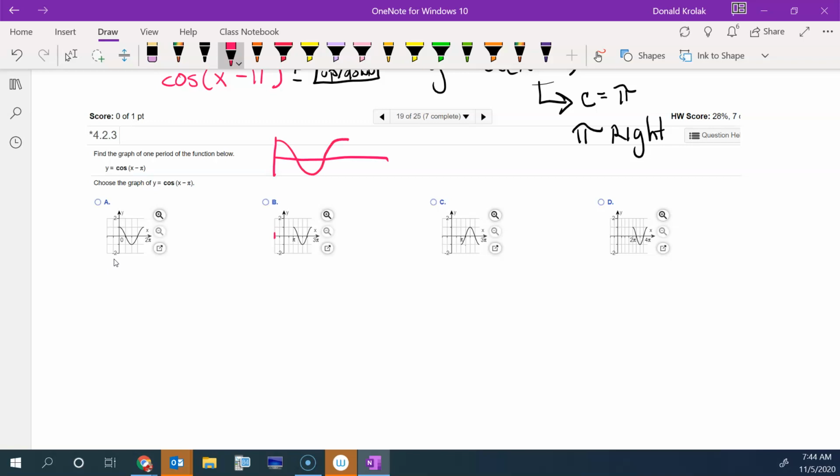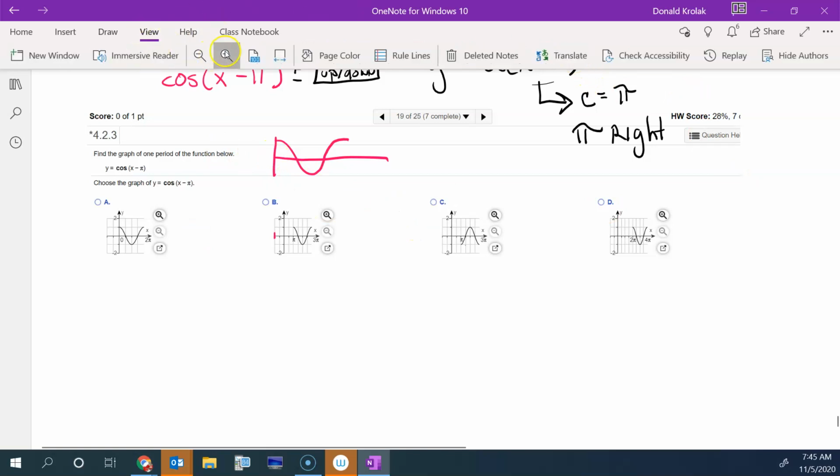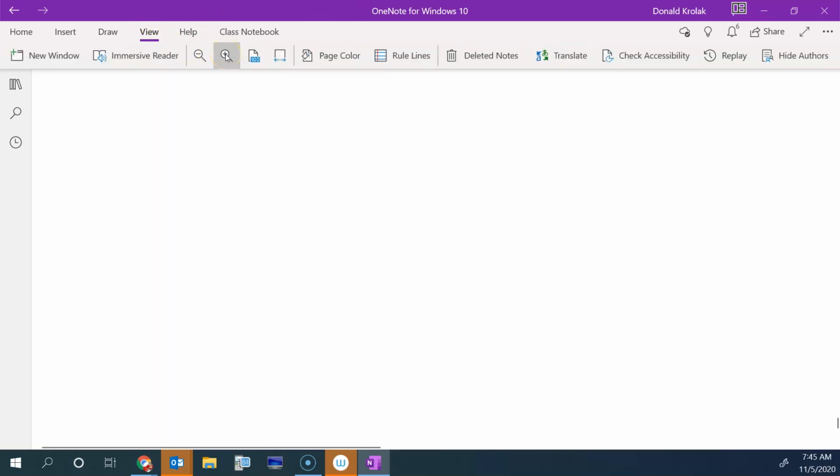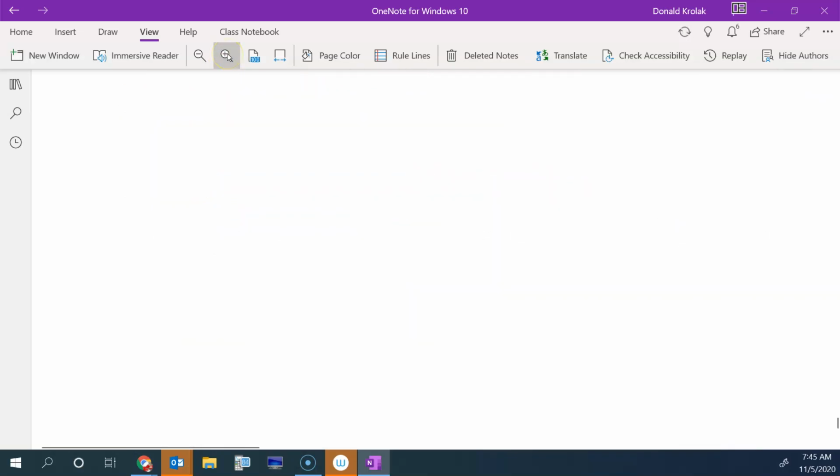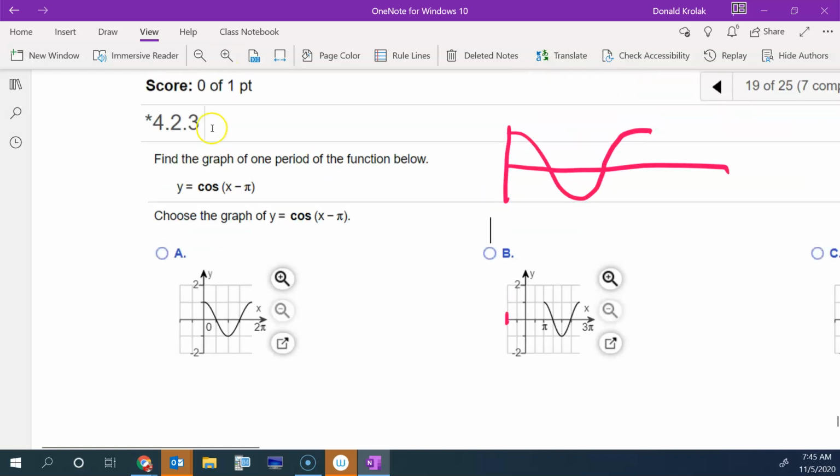So that's a regular cosine. Does this one start at pi? A. You see it? Okay. Does this start at pi? Nope, can't be that. How about this one?